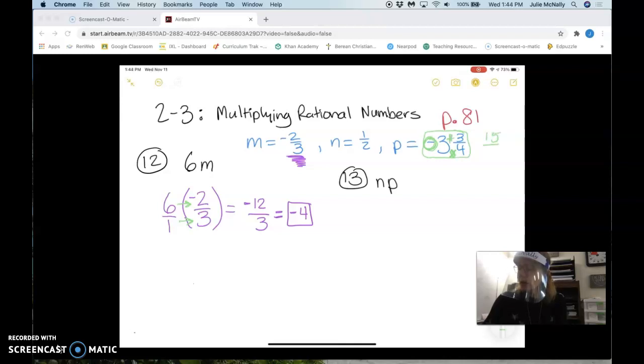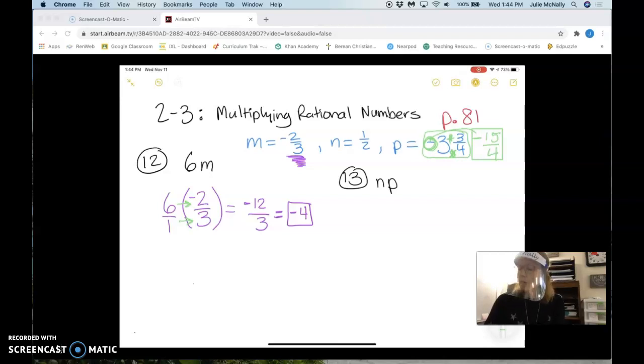What's the bottom number? 4. And now I'm going to bring that negative back over for my final answer, for the whole fraction. 15 over 4 is negative because 3 3/4 was negative.